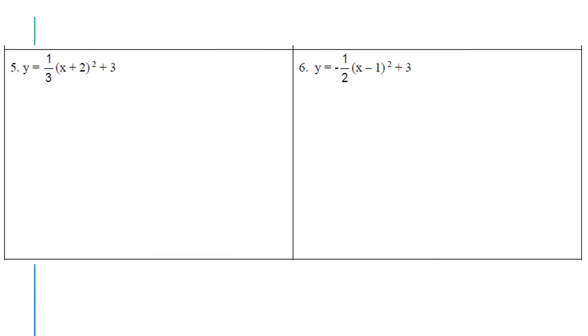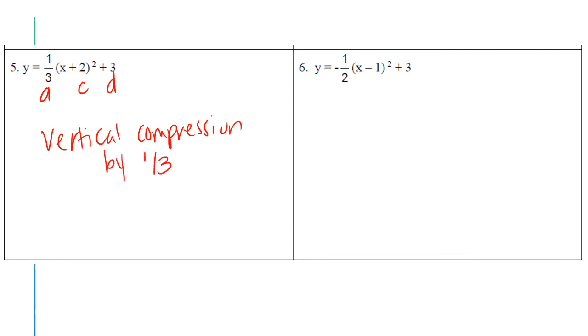We have y equals 1/3 times the quantity x plus 2 squared, plus 3. So I'm just going to identify what I have. I have an A, I do not have a B, I have a C, and a D. Since my A is 1/3 and is less than 1, this is going to be a vertical compression by 1/3.